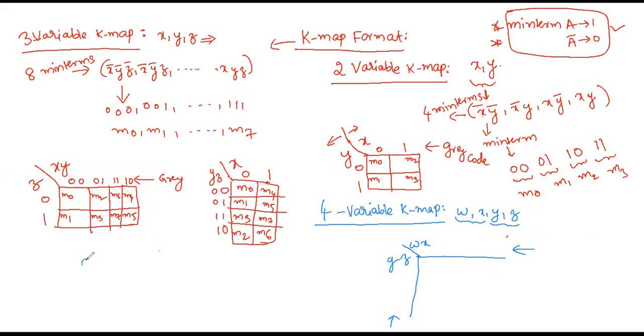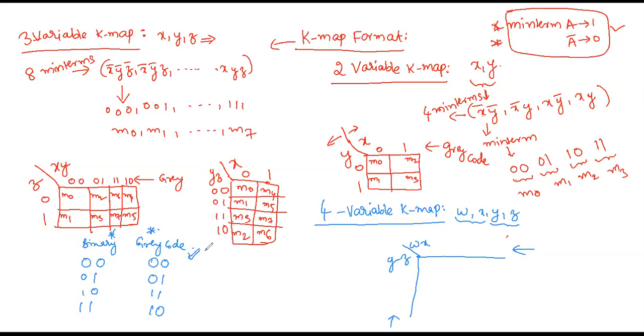Okay. In binary numbers, see the difference between binary and gray code. In binary, the number starts with 00, 01, 10, 11. But in gray code, 00, 01, 11, 10. This is the difference between normal binary code and gray code.